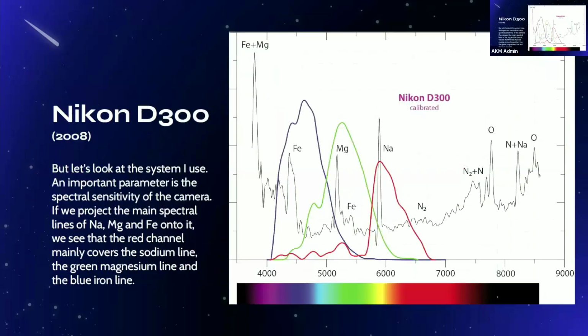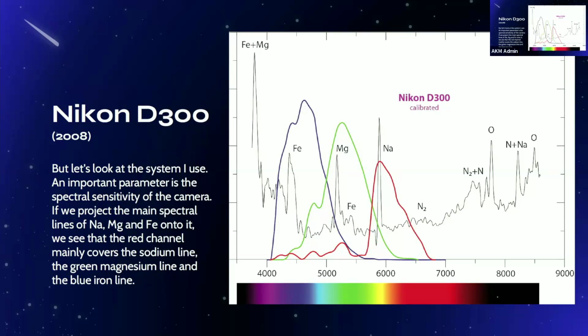But let's look back at the system I use. It is an old Nikon from 1908. But what is important is that it has important spectral characteristics. This is the spectrum of meteors, some Draconids, and here we see the blue channel, green channel, and red channel.